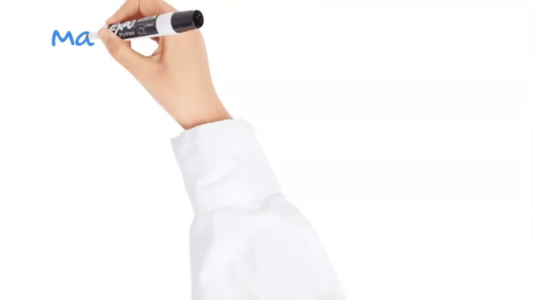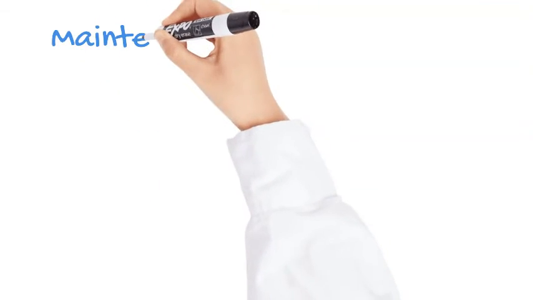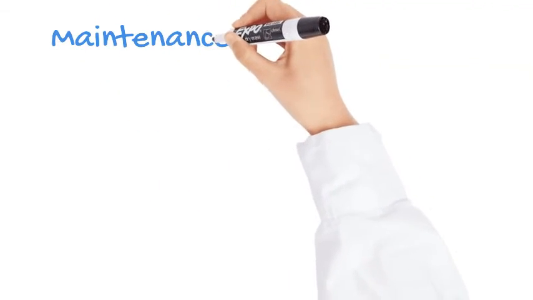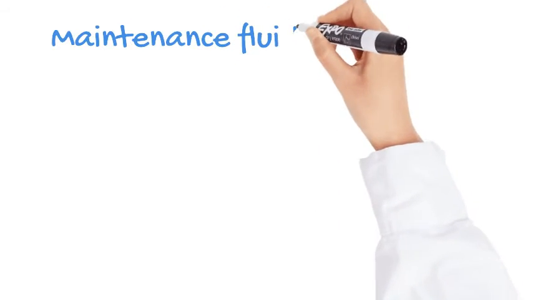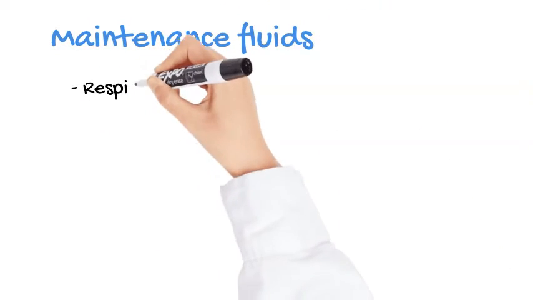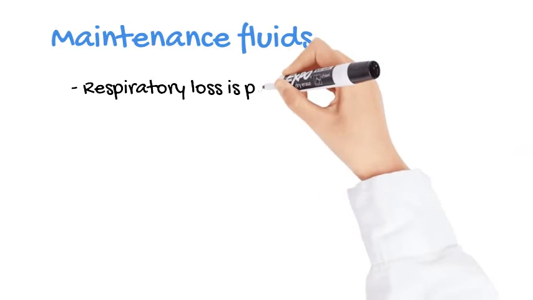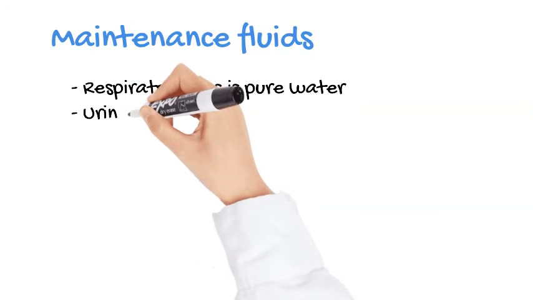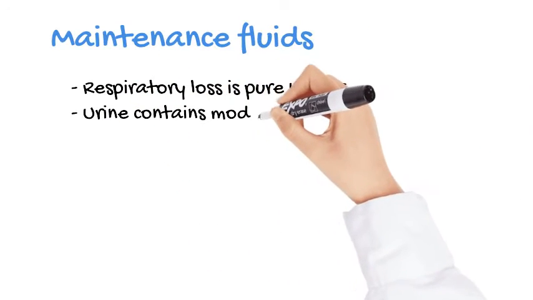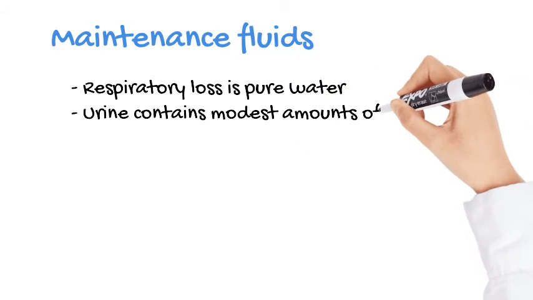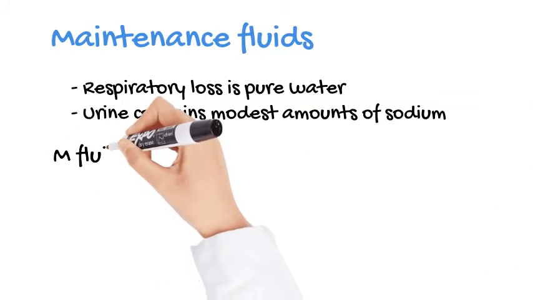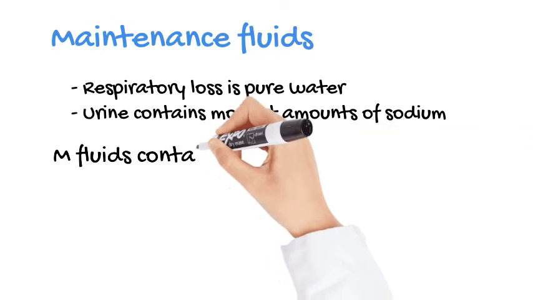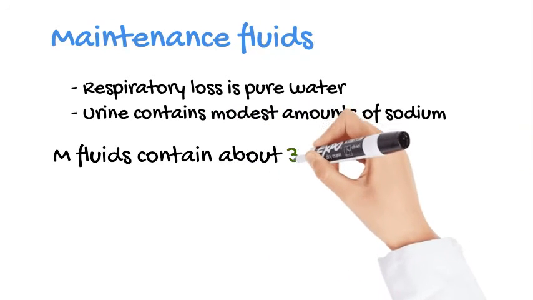I want to take just a moment to make sure we're all on the same page when we talk about maintenance versus replacement. When we think about what it takes to just simply stand still, actually think about the fluid that leaves our body over the course of 24 hours. Most of that fluid loss is going to be across the respiratory tract, and that is a pure water loss. We're also going to lose some volume, obviously, of fluid through our urine.